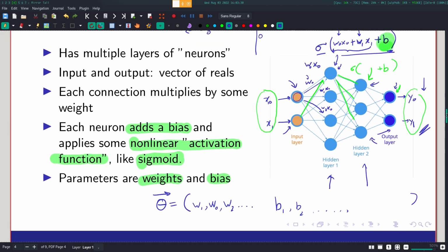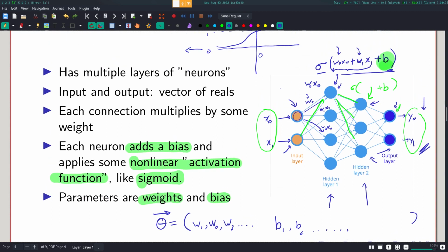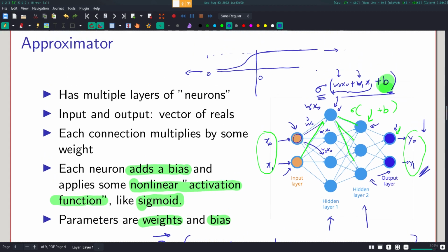I want you to notice one thing here: if you consider this deep neural network as a function, this is actually subject to certain things. But let's say your activation function is just sigmoid; you can have other activation functions here as well. But if your activation function is sigmoid, then sigmoid is a smooth and continuous function, right?